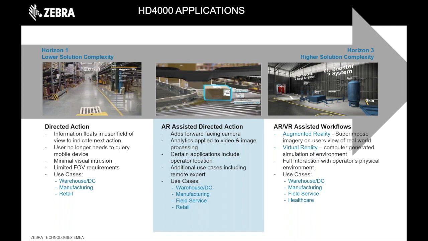And in that case, we could superimpose computer-generated images on the field of view of the user. So that's possibly a bit of a stretch with the current hardware, where you've got a relatively low resolution display, but that's the direction we're moving in. And I think ultimately we will get to that point with this type of solution.